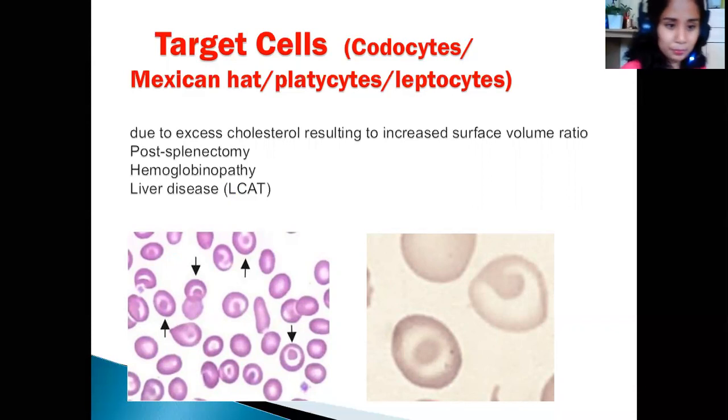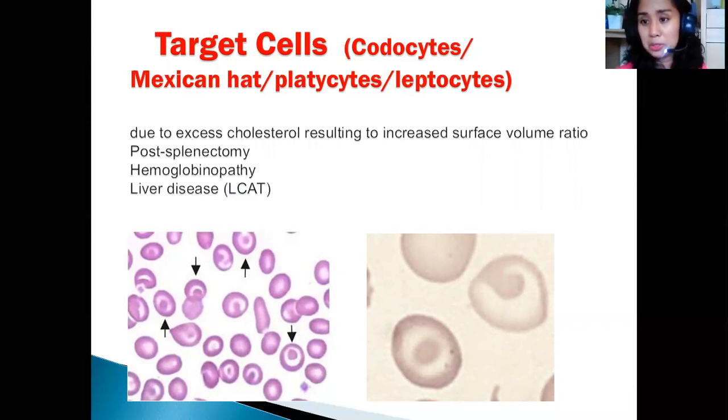Mukha siyang bullseye. So, class, this happens in cases of post-splenectomy. When we say post-splenectomy, once your spleen is removed, your cells will look like target cells. Hemoglobinopathy, so in cases of thalassemia, hemoglobin C, and liver disease. Ang ginawa ko PHL. So, Mexican and Filipino.